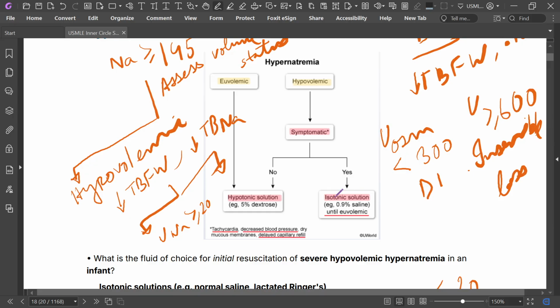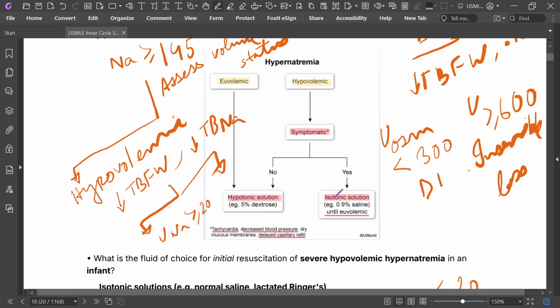If urine sodium is more than 20 milliequivalent, it is renal loss, due to diuresis, natriuresis, renal water and sodium loss. If it is non-renal water and sodium loss, where urine sodium is less than 20, it may be due to burns and diarrhea.